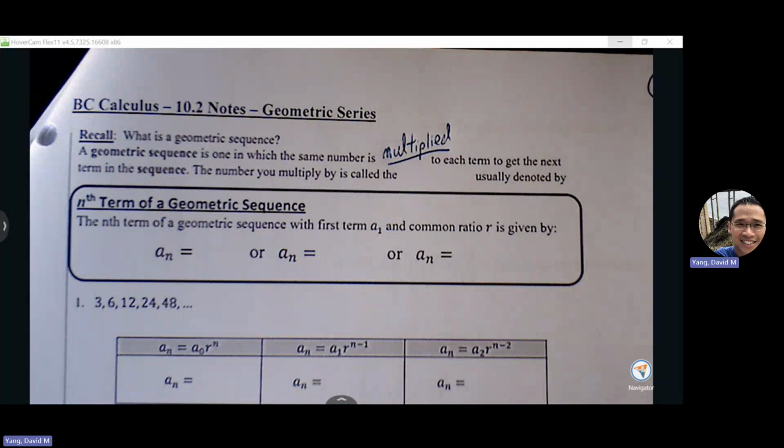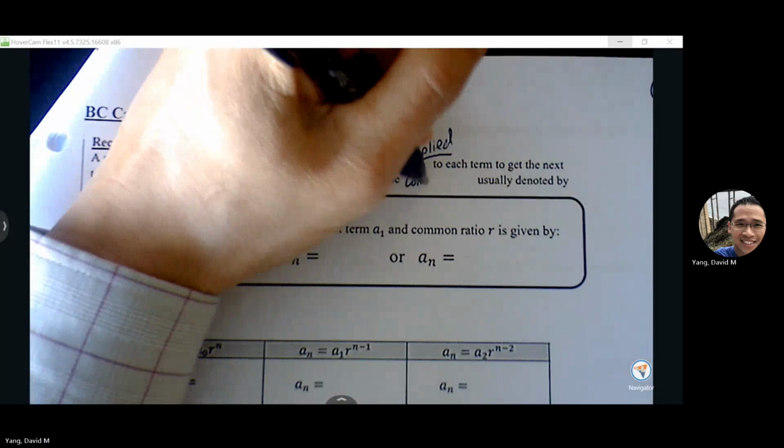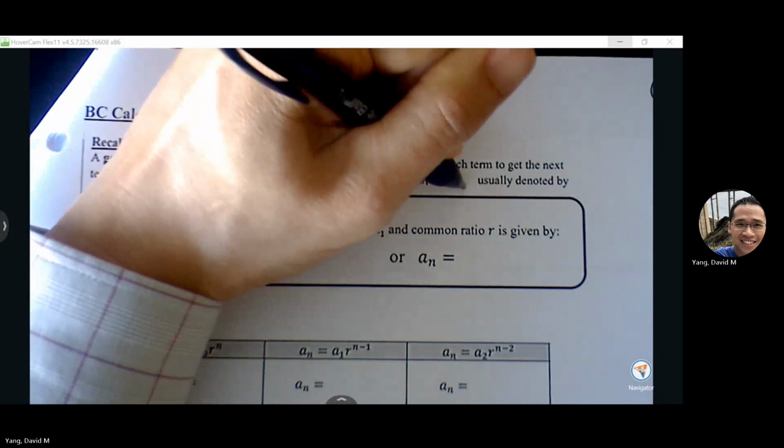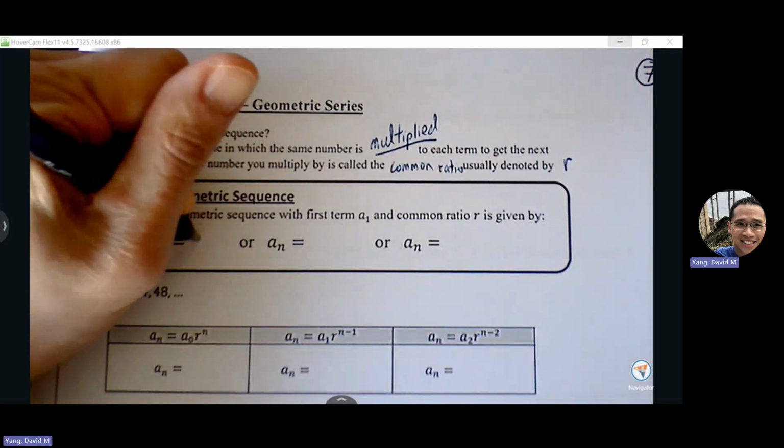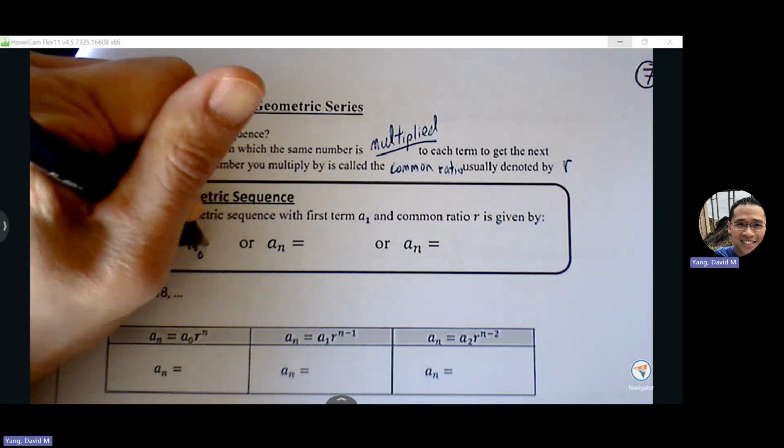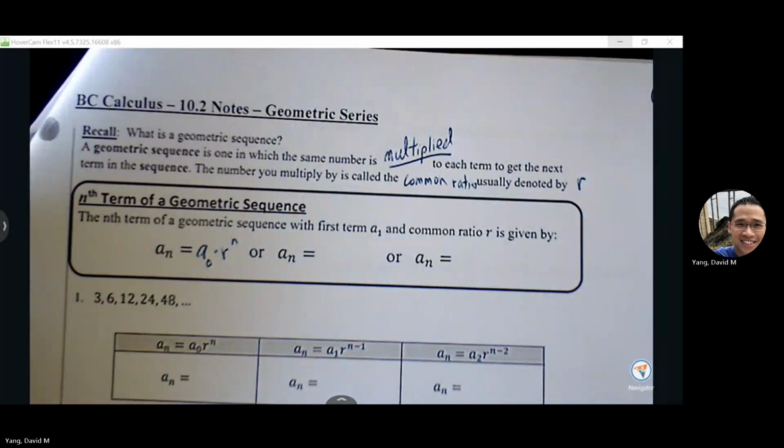The number you multiply by is called the common ratio, denoted by r. So the nth term of a geometric sequence with first term a sub 1 and a common ratio r is given by a sub n equals a sub 0 times r to the n.